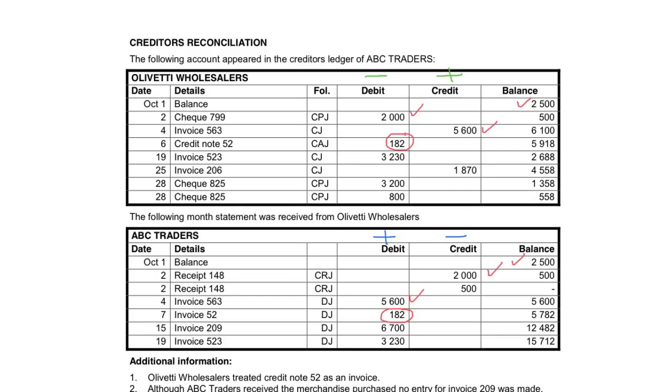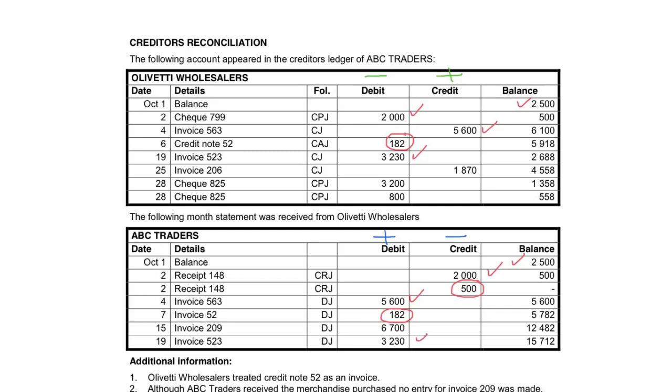The first mistake was the 500 that is not on Olivetti Wholesalers' account in the creditors ledger. Then the 182 is on the same side. Then we see there's an entry for 3230, and the 3230 is again on the same side.